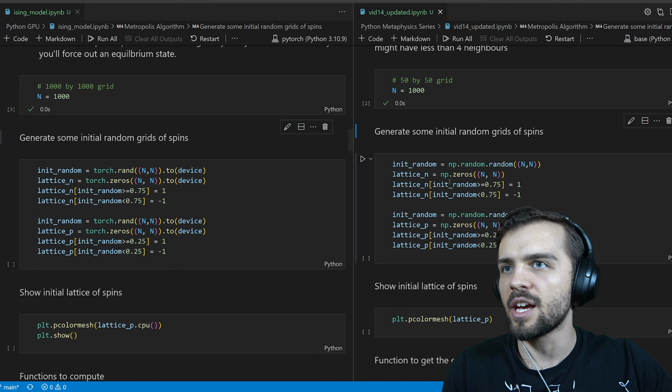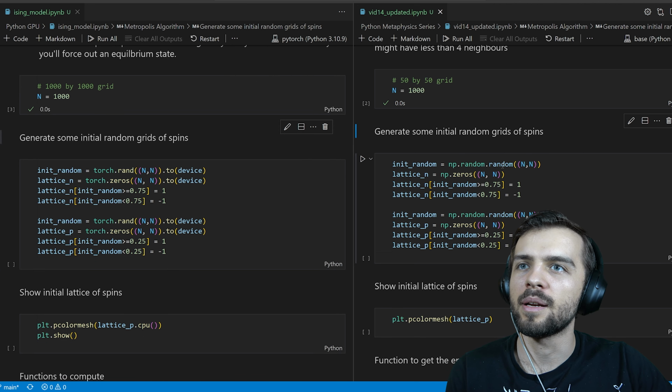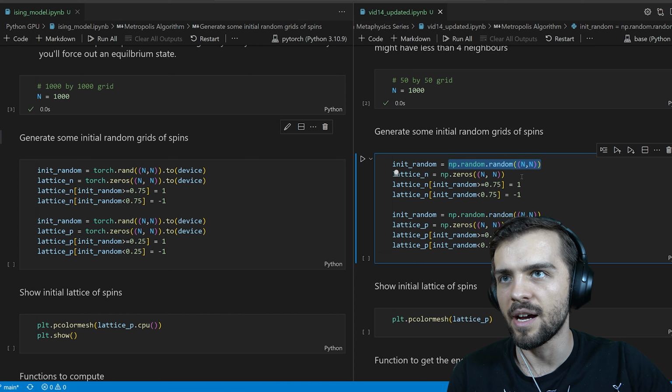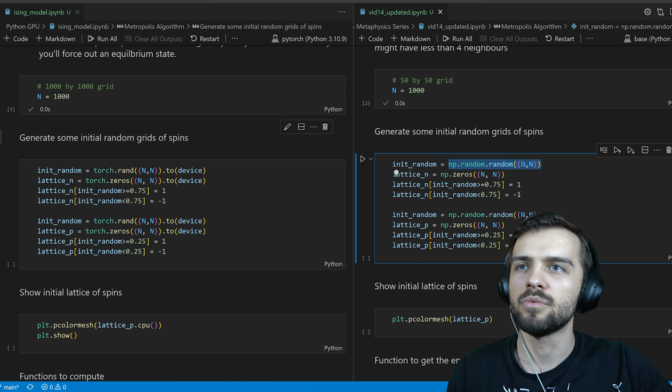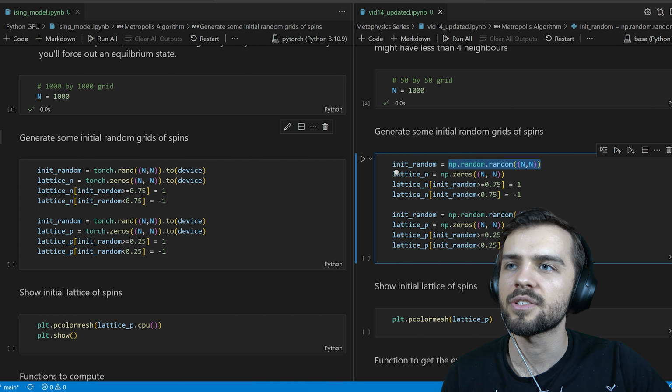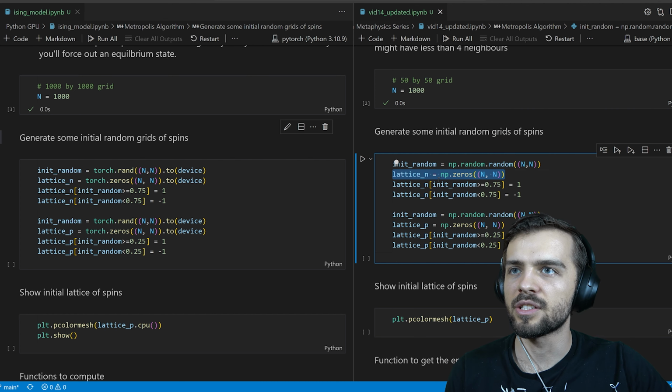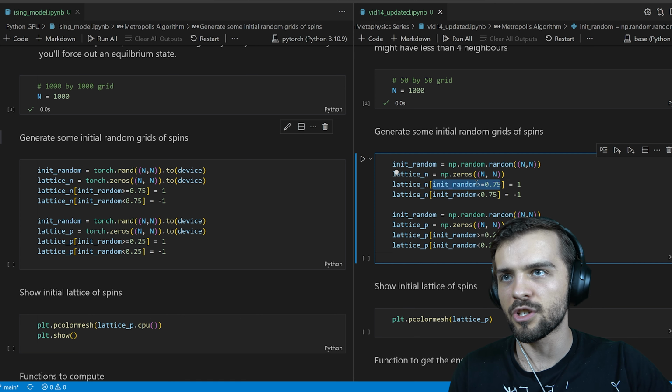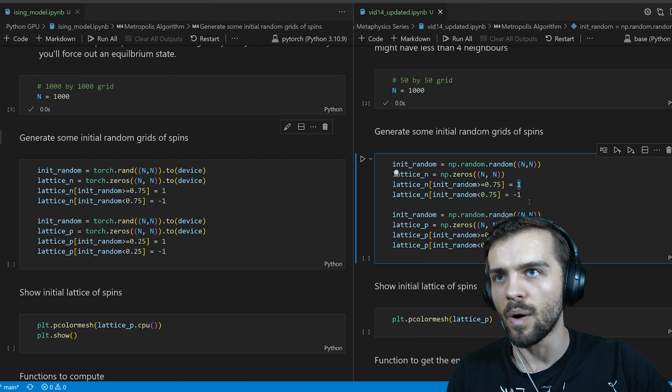To do that, in each case, with NumPy, you can just use np.random.random. This is an array of random uniform numbers between 0 and 1, and you use that to generate the lattice. My lattice is created as an array of zeros, and anywhere on that array where the initial random points are greater than 0.75, the spin is equal to 1.